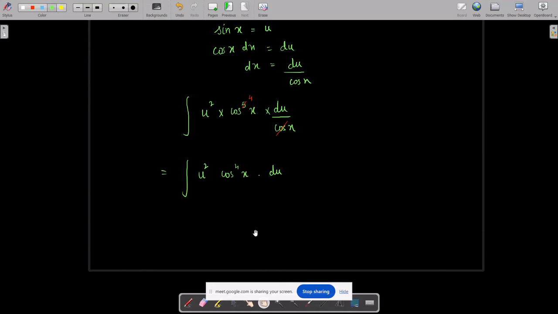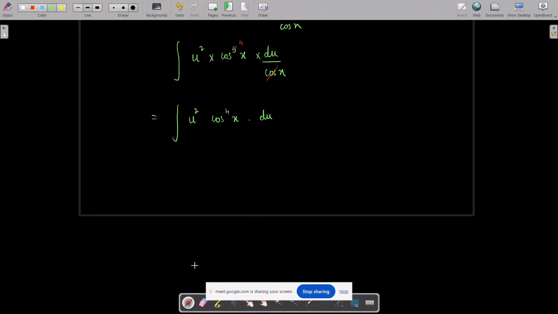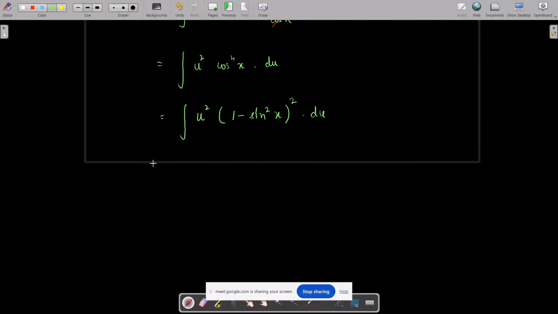Now we can easily convert cosine 4 in terms of sine. This is 1 minus sine squared x, and this is whole squared du. We already have u as sine, so can't we just say u squared times (1 minus u squared) squared?